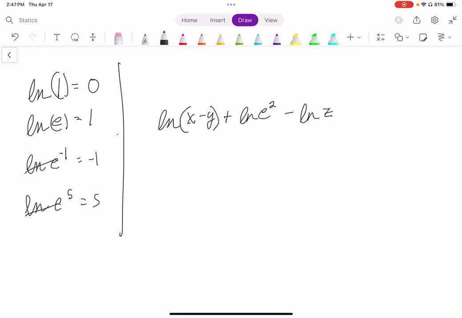Putting in parentheses down here, we can see that both of these have a plus. So our new natural log is going to be something times something divided by z. Also note that this is simply going to reduce to 2.